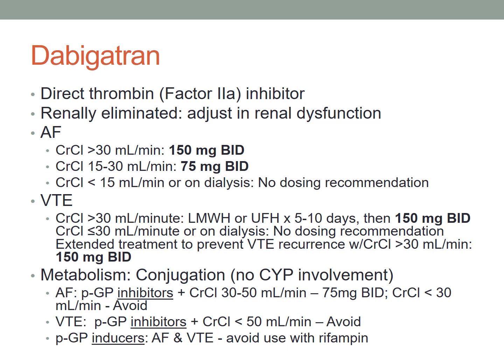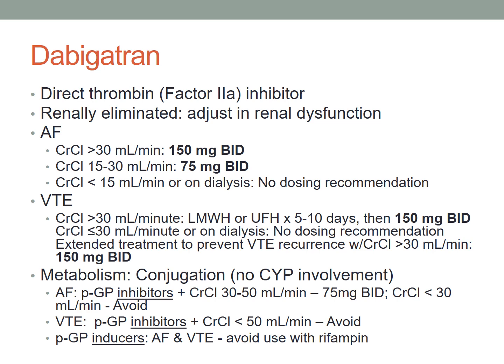So dabigatran is a substrate of P-glycoprotein, and so it's important to know that P-glycoprotein inducers can decrease the bioavailability of dabigatran, making it less effective, and P-glycoprotein inhibitors can increase the bioavailability of dabigatran, putting the patient at risk for more toxicities.